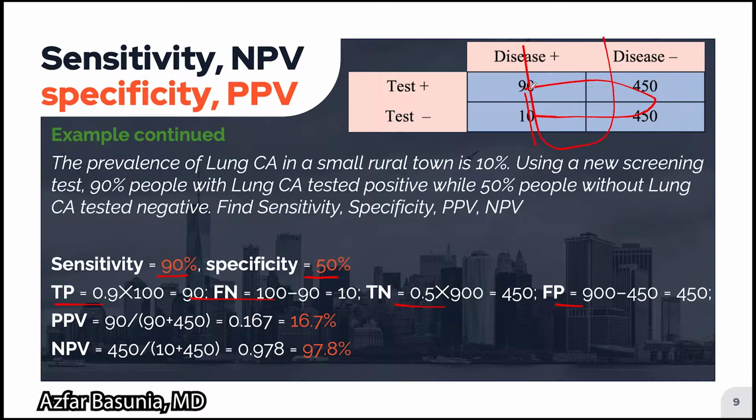Remember, the first arm of the P tells you how to calculate the positive predictive value, so that will be 90 divided by 90 plus 450, and that is equal to 16.7%. The second arm of the P tells you how to calculate the negative predictive value, so that is 450 divided by 450 plus 10, and that is equal to 97.8%.